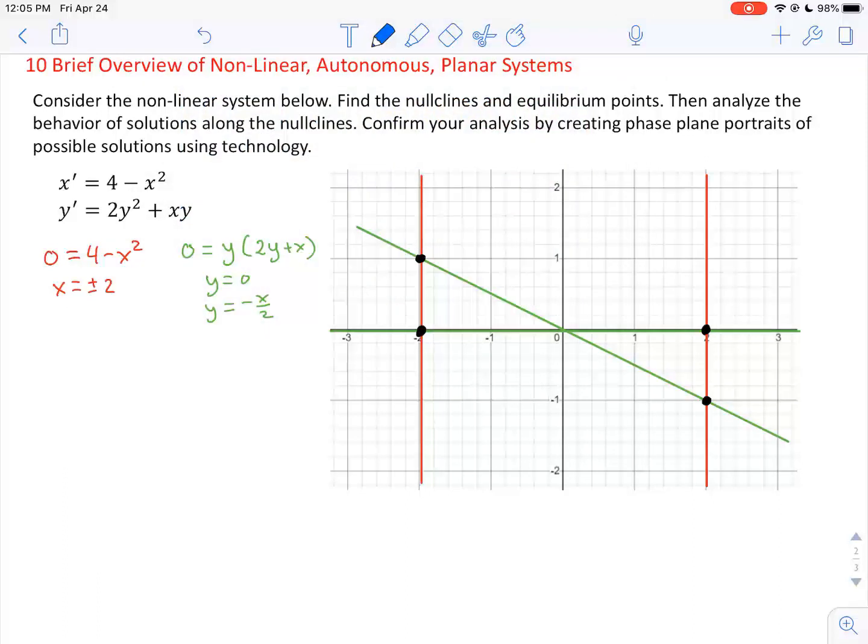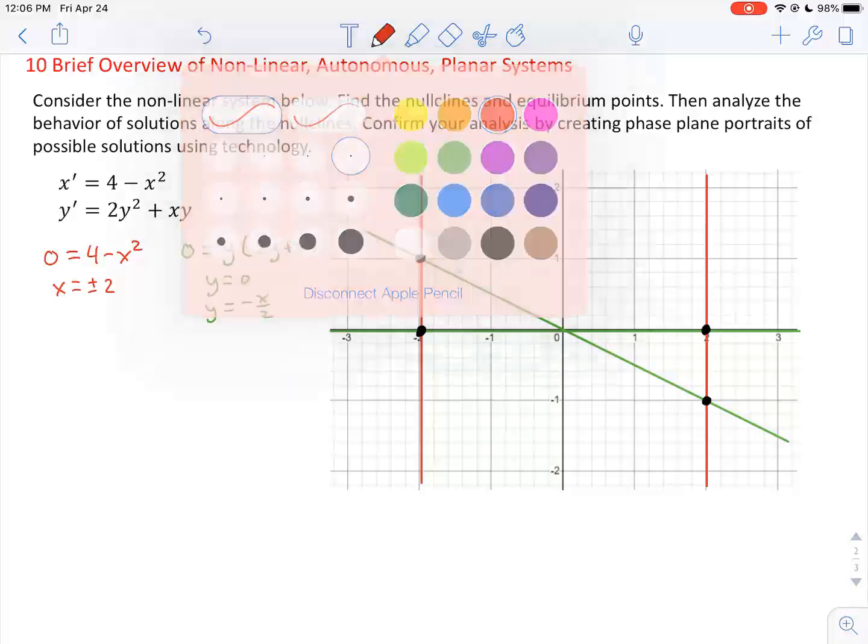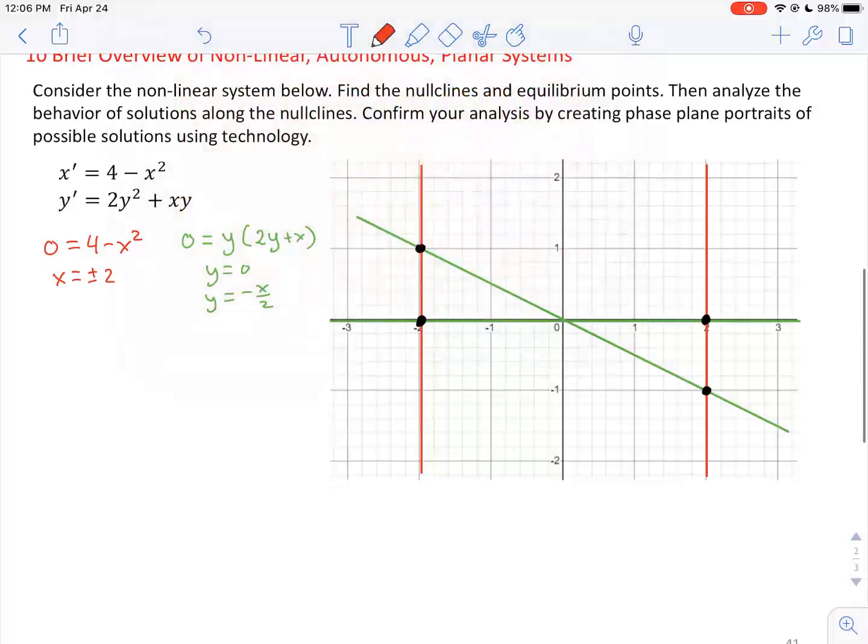Okay, now let's analyze along some of these nullclines. Let's analyze along the red x nullcline first. I'm going to go color-coded here. Let's focus first on x equals negative 2.